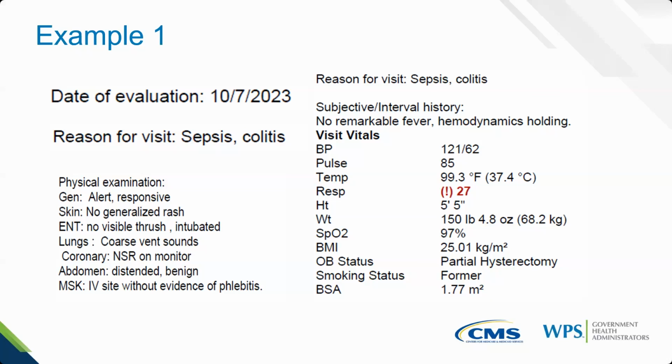Under the lungs, the person doing the exam can hear the vent sounds themselves. The patient's abdomen is still distended, but they are stating that this is benign. We have information on our visit vitals on the right-hand side of your screen, and you can see that the respirations there are high at 27. Again, we have no remarkable fever or anything else like that with this patient.